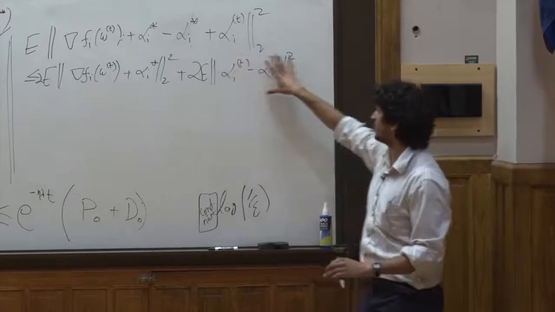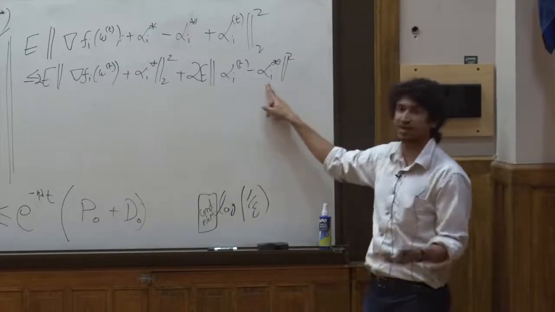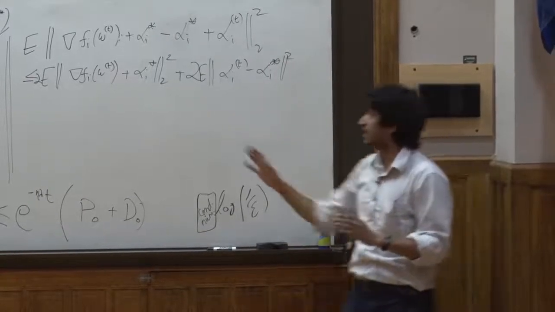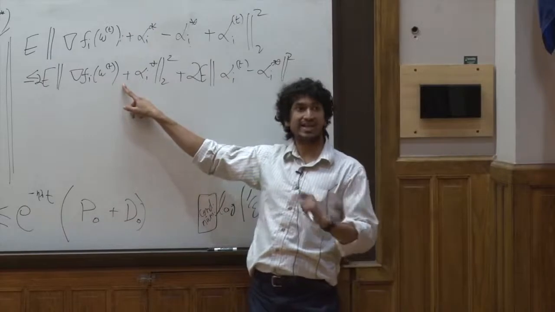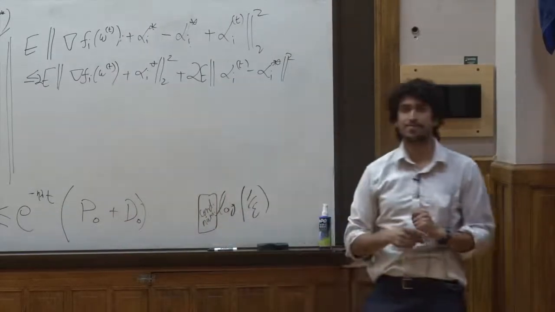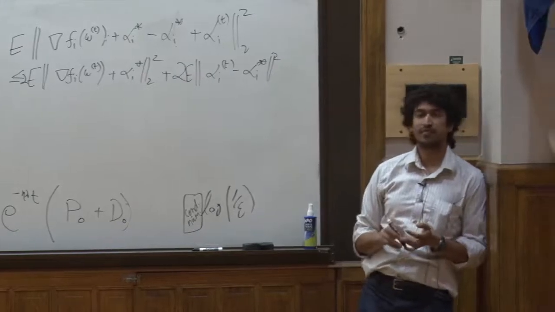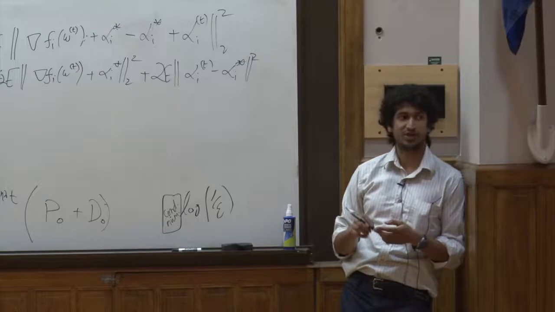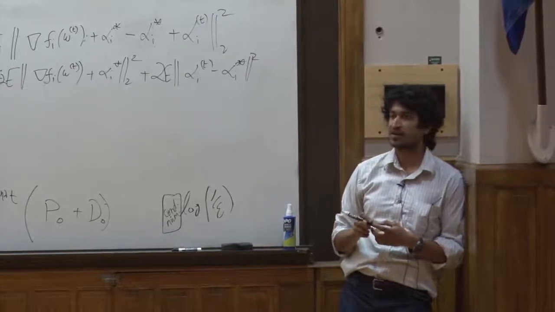This is just dual convergence of the ith coordinate. Can anyone guess why the first term is going to 0? It's not obvious, but maybe if you think about it, you might come up with some idea.